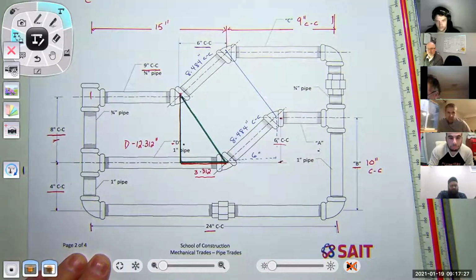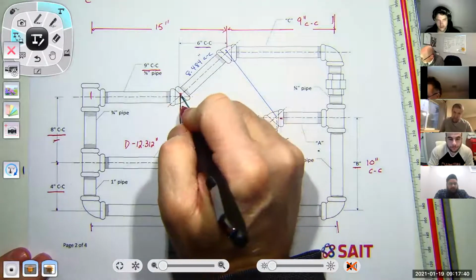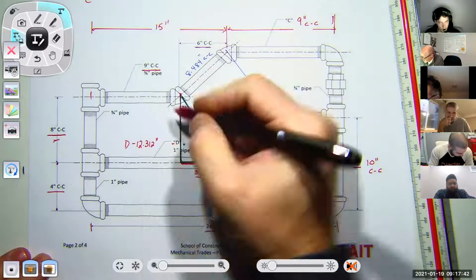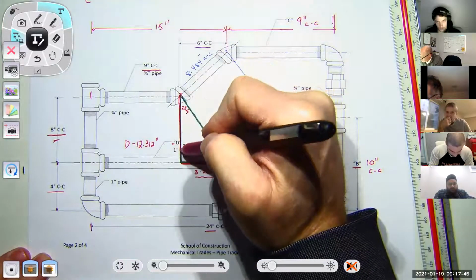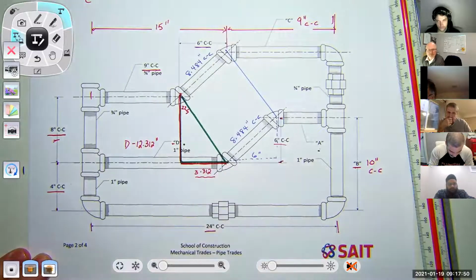Sorry, what did you multiply 8 by? 0.414. Because this is a 22.5 degree right angle triangle, I took my run and multiplied it by 0.414 to get my rise. So it's going to be 13.62 because 9.75 is the pipe at the top. No, it's 9 inches center to center.